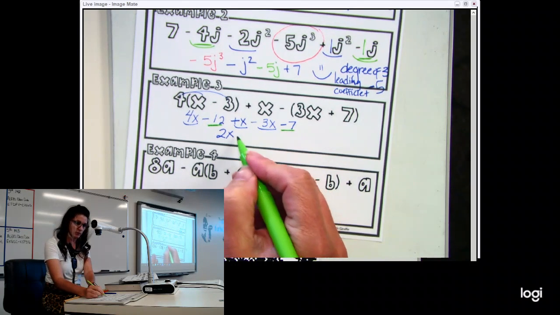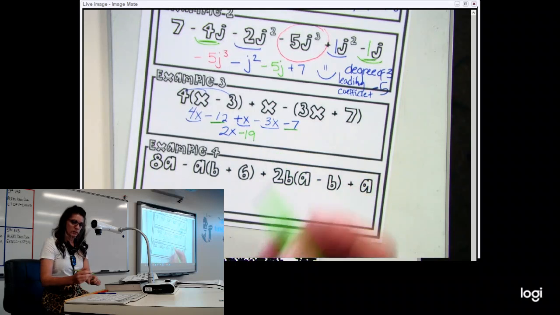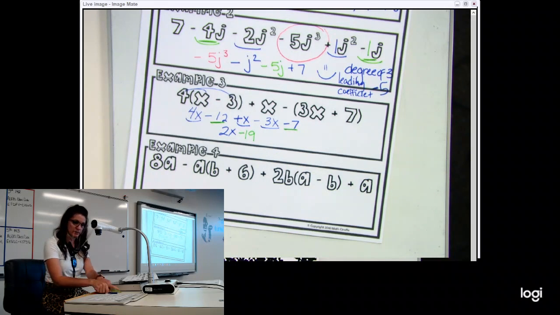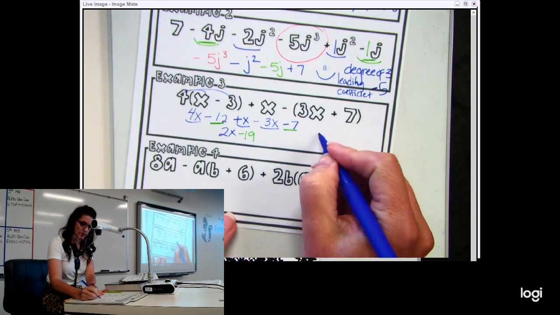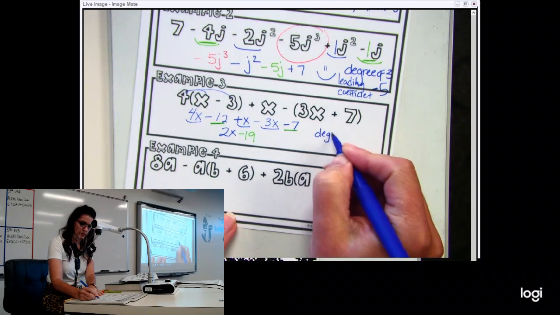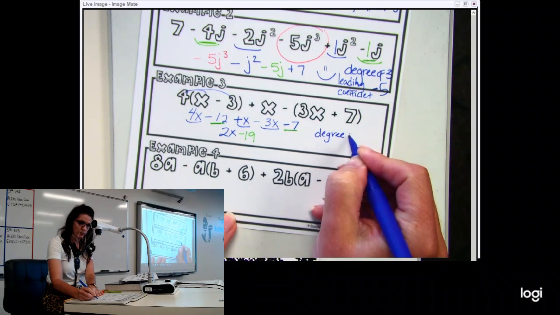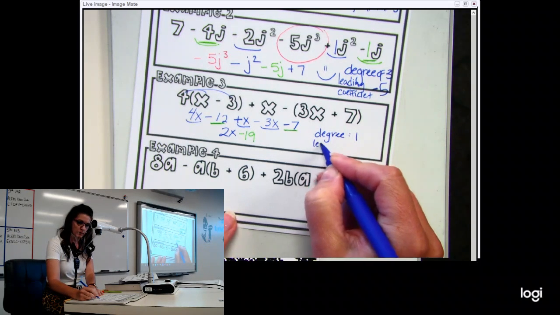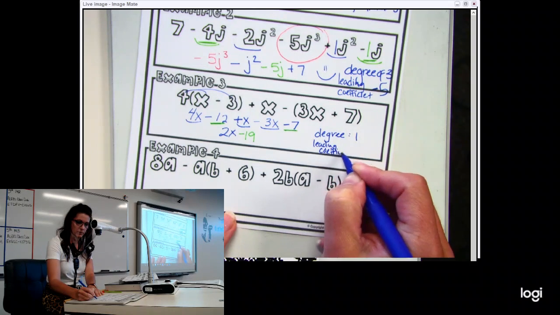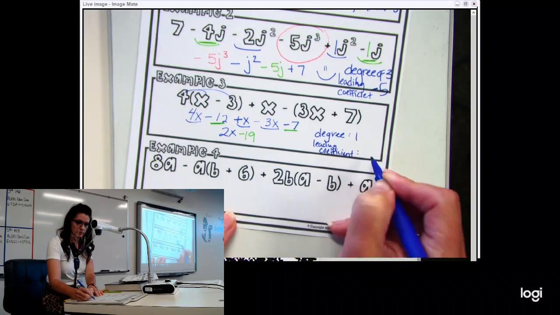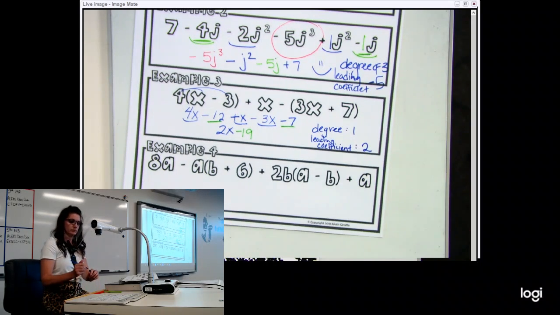You guys are so good at this game. All right, I'll write it down here. Let's see. This has a degree of 1, and the leading coefficient is 2.